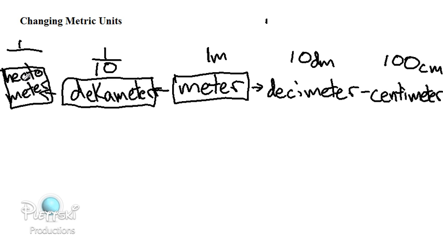And it's much, much larger than a meter. You'd have to have 1/100th of a hectometer to be equal to 1 meter. So in other words, you need 100 meters to equal 1 hectometer. Okay, because a hectometer is a larger unit of measurement, so you need more meters to equal one of those.